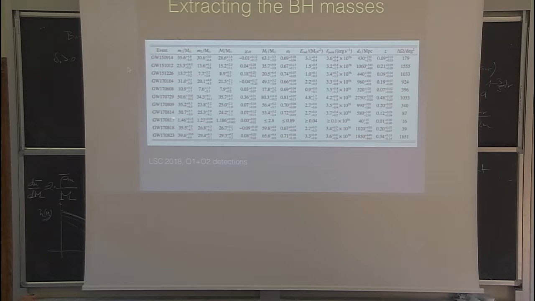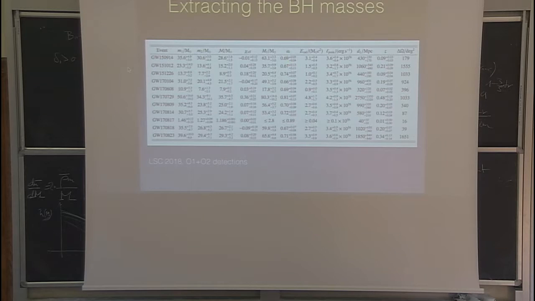And there is also, of course, 170817, which is a neutron star merger, and the neutron stars have masses of 1.4 and 1.3 solar masses, which is incidentally the typical mass of neutron stars when we observe them in the field and in binaries.